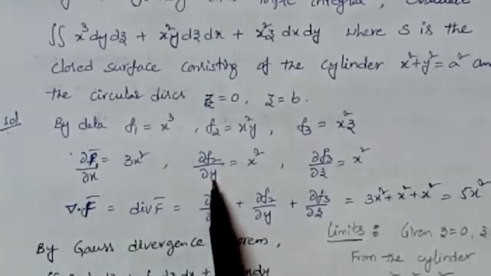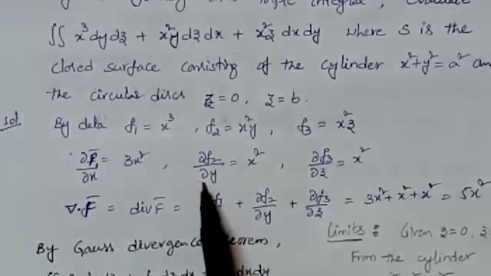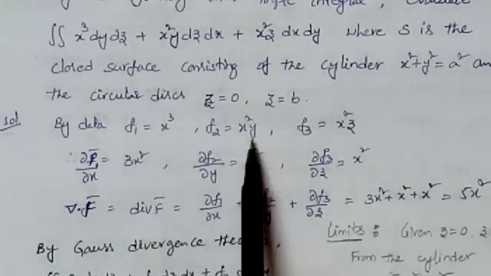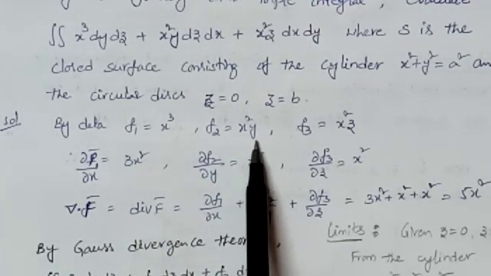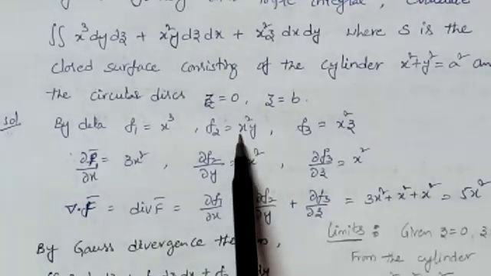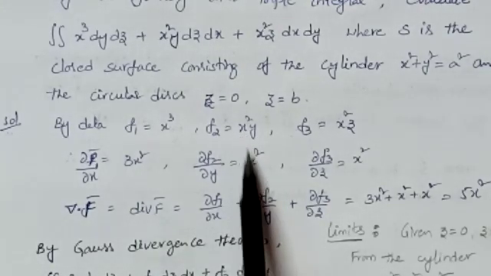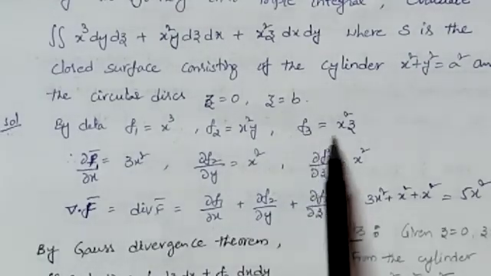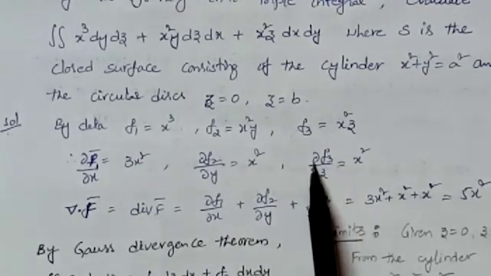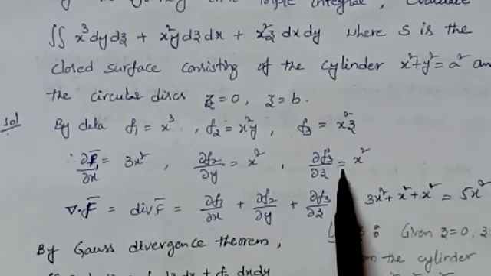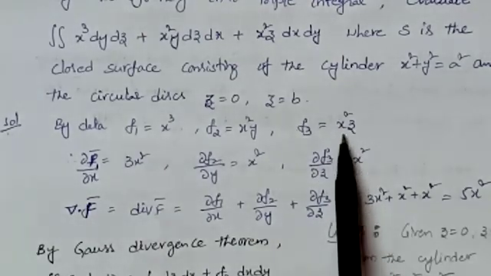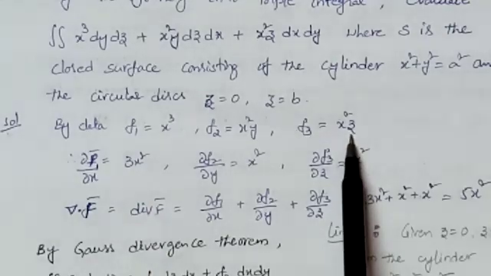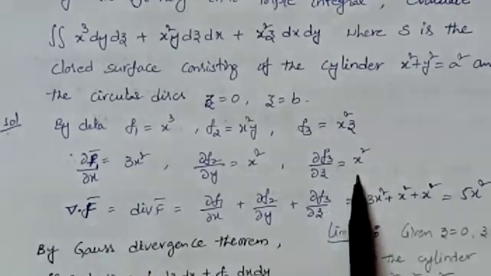Next, dou f2 by dou y. Here the differentiable variable is y, so differentiating with respect to y gives 1, and x square is constant, so x square into 1. Next, f3 is x square z. In that, dou f3 by dou z: x square is a constant, and with the z, what is the derivative?